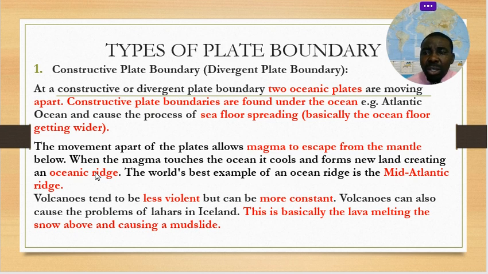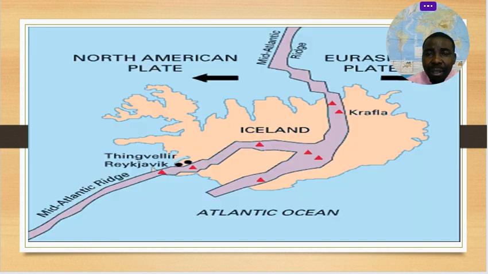And when this continues over a period of time, the ridge will break the surface of the water. And when it breaks the surface of the water, it forms a particular landform. And that is how Iceland is formed. I'm sure that you must have heard about Iceland before. Look at the diagram here.